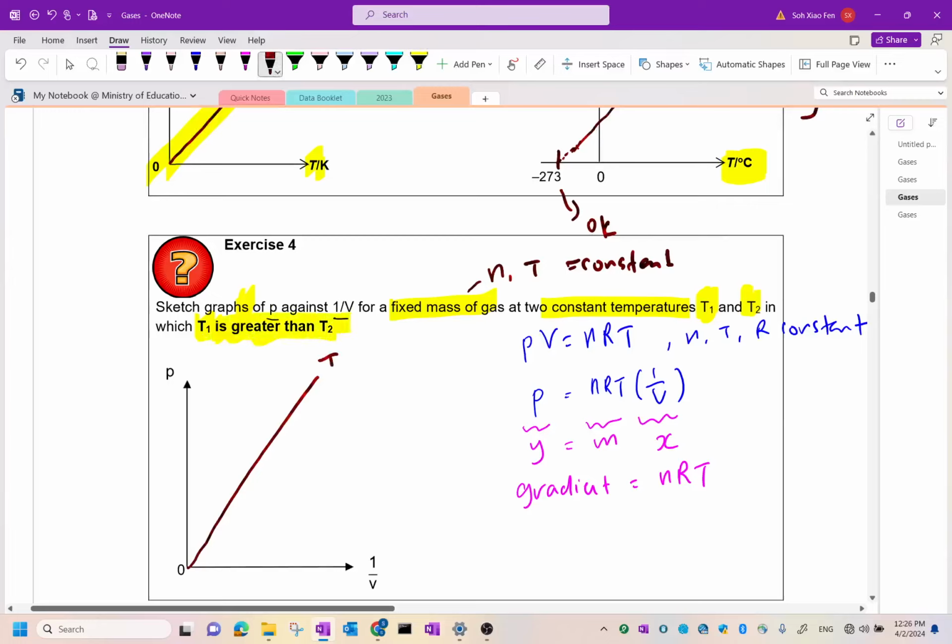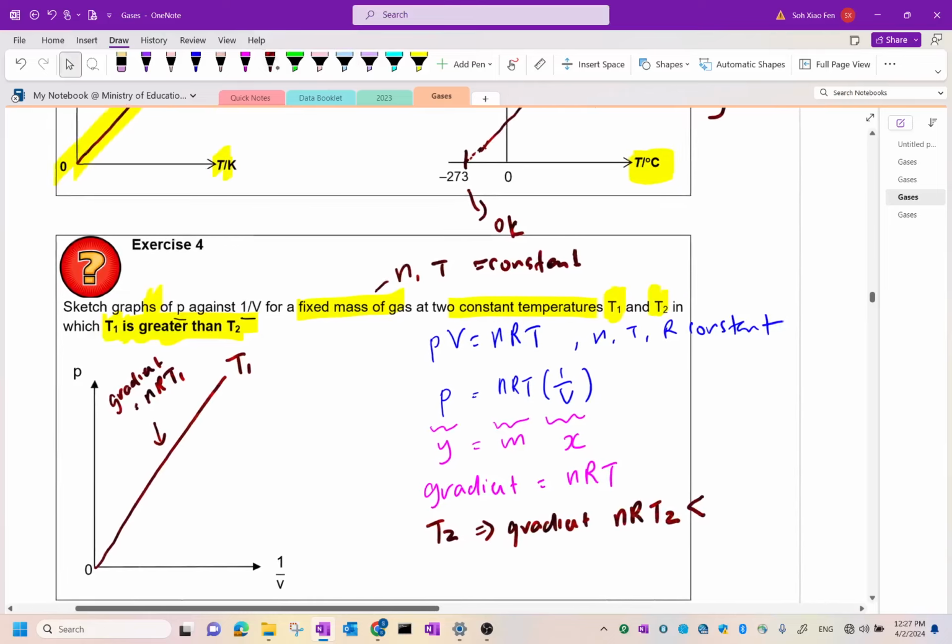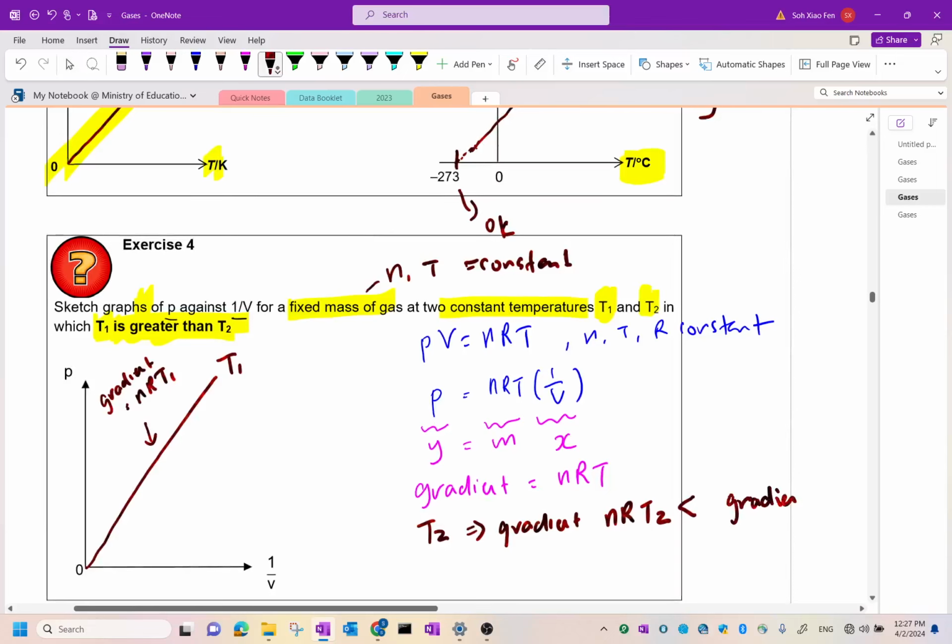So if this represents T1, remember the gradient equals nRT1. Now if I have to draw a second graph for T2, it means that the gradient nRT2 should be smaller than the gradient nRT1. Why? Because T2 is smaller than T1.